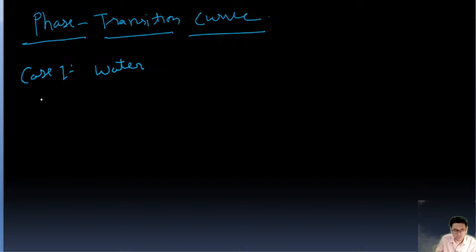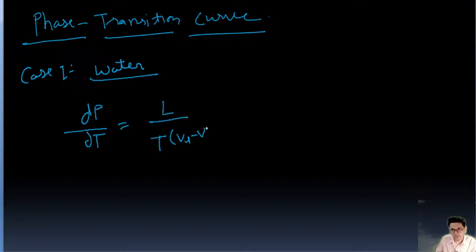If we talk about water, the Clausius Clapeyron equation is dP upon dT equal to L upon T into VL minus Vs, where Vs is the volume of ice and VL is the volume of liquid, because in this case ice is melting.